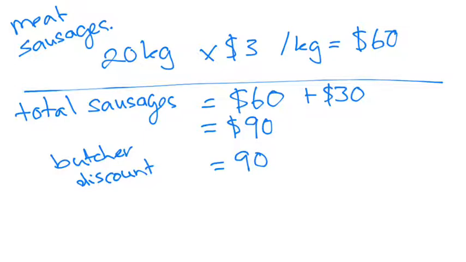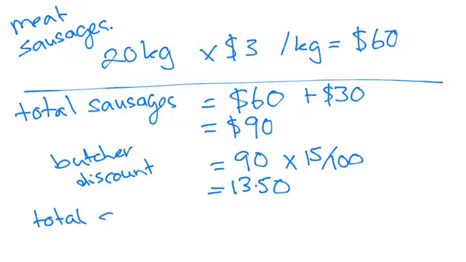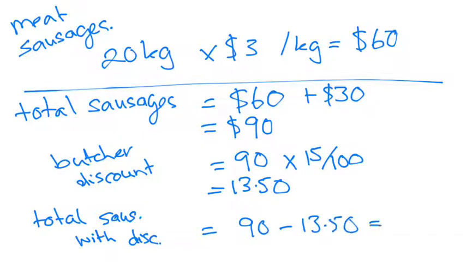So we're going to do $90 times, and we need to find out what is 15% of 90. And so 90 times 15 over 100 works out to be $13.50. So that means the total for the sausages with the discount is $90 minus $13.50, which is $76.50.